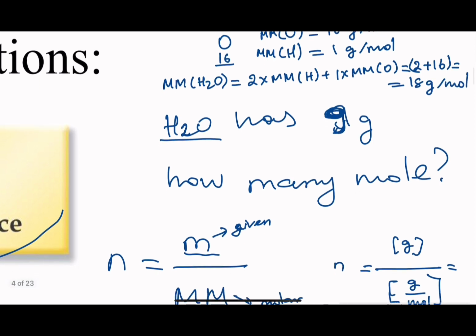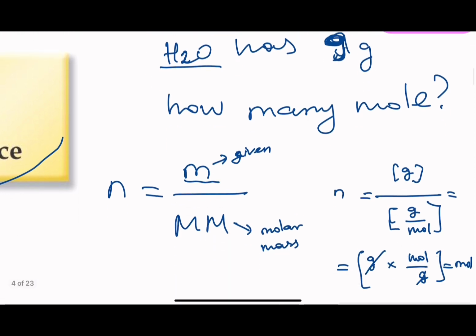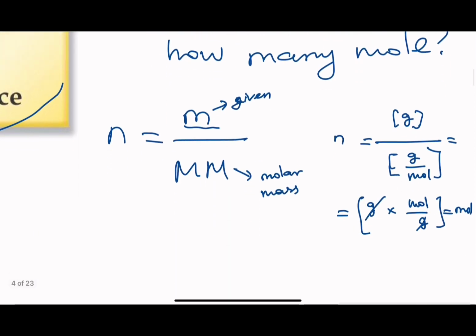Okay, so now we have the molar mass of water, which is 18 gram per mole, and I'm going to use this formula to find the mole number.